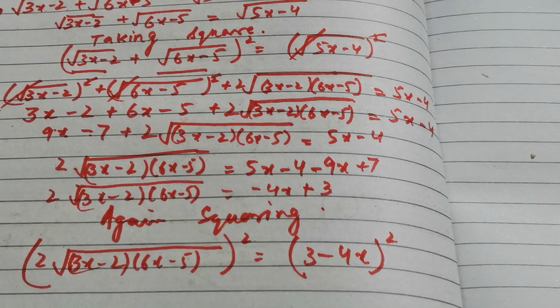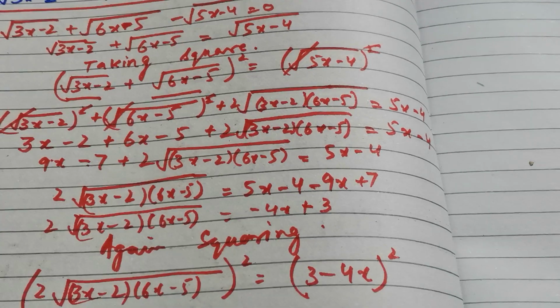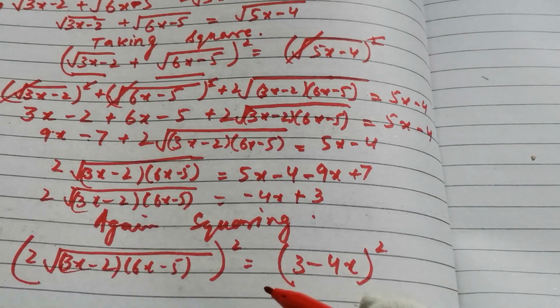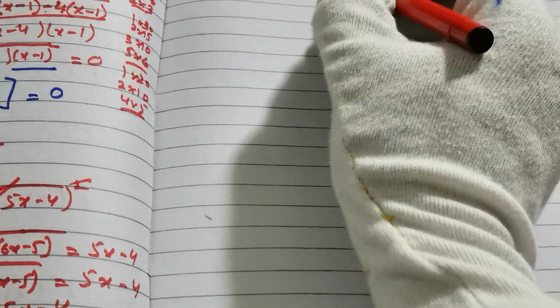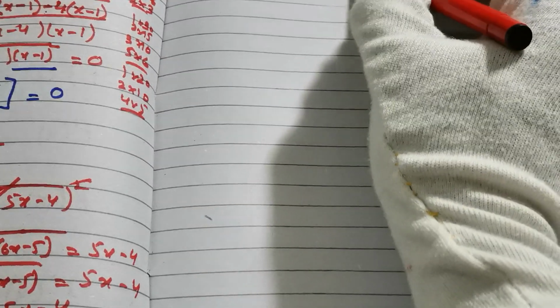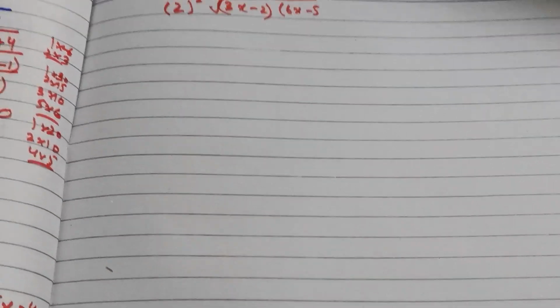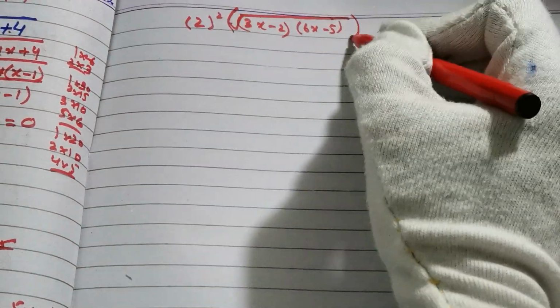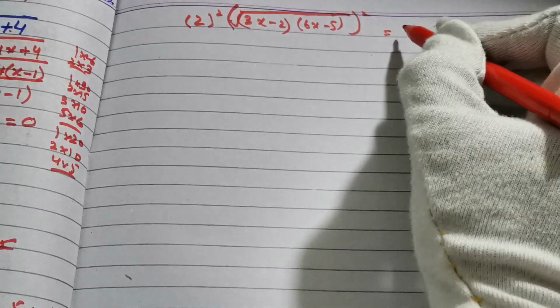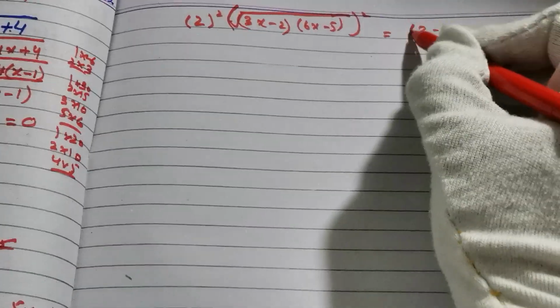So squaring now, 2 square and (3x − 2)(6x − 5) is equal to (3 − 4x)².